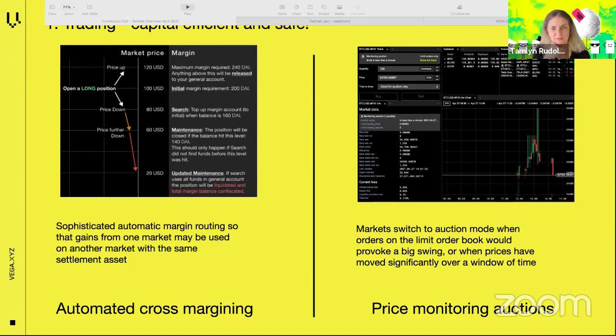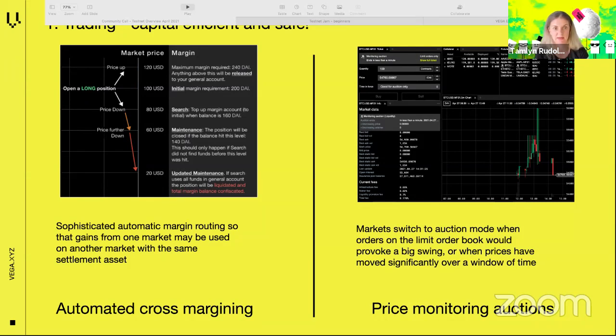And then of course, if you do run out of money, you may get down to your maintenance level. At this point, we have a very sophisticated liquidation mechanism that atomically liquidates the position on the market. So that's a really important aspect of trading to explore.